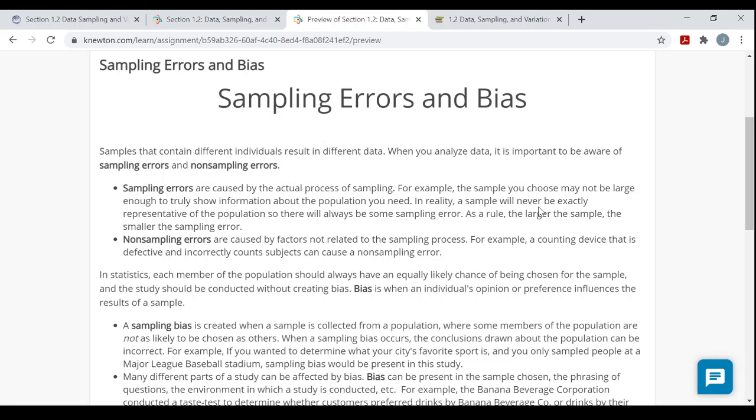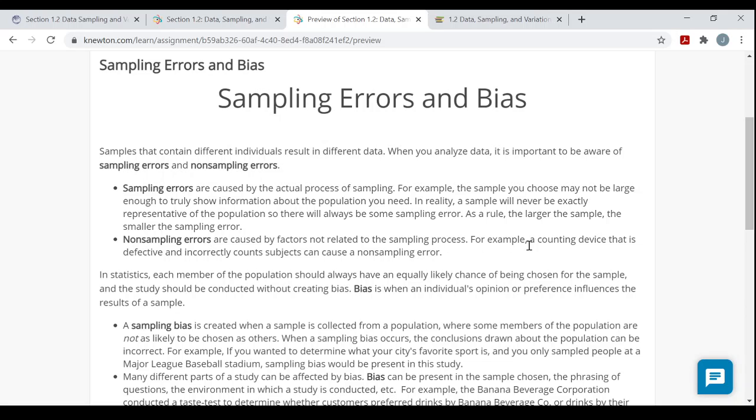In reality, a sample will never be exactly representative of the population, so there will always be some sampling error. As a rule, the larger the sample, the smaller the error, right? Because the bigger the sample is, the closer it is to being the whole population, right? So the less error you will have in your sample. Non-sampling errors are caused by factors not related to the sampling process.